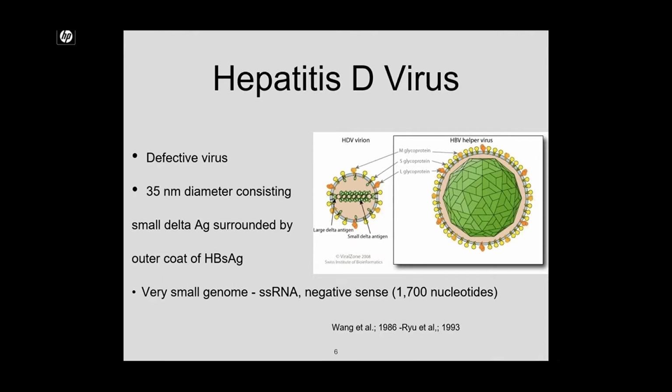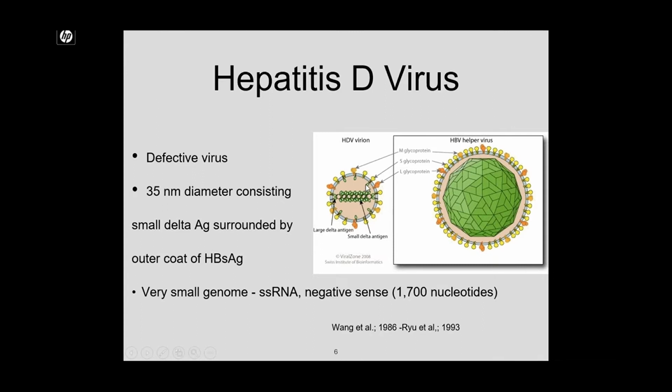So it was described after that. It's a very small genome, a single-stranded negative sense RNA virus, with around 1,700 nucleotides. From this diagram, you can see it has small and large delta antigens, and it is surrounded by the surface glycoproteins of the hepatitis B virus.